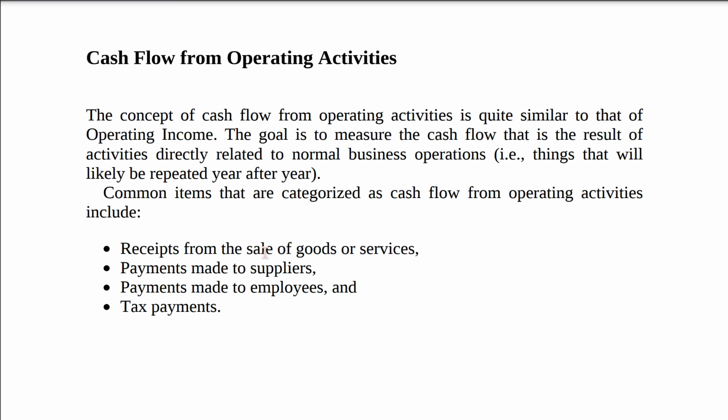Those are indirect salaries. Direct salary means the employees who are into the main operating business of the company are called direct employees, and payment made to them forms part of cash flow from operating activities. Okay, this receipt is cash inflow, and payment made to suppliers, payment made to employees and tax payments is cash outflow.